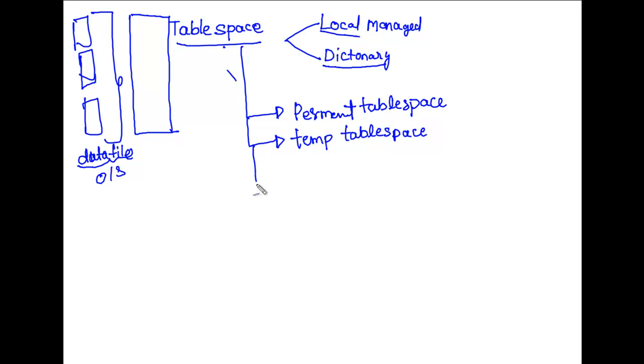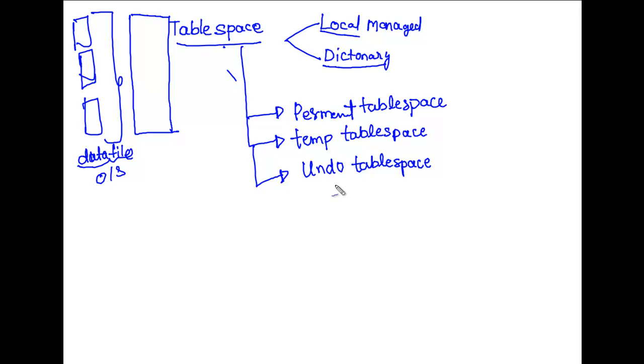And you will also have an undo tablespace. At least one undo tablespace is a must for an instance. This is required in order for the system to run. The undo tablespace is used, as the name suggests, if you have any transaction or action which you want to undo.